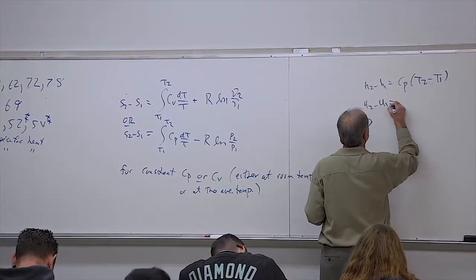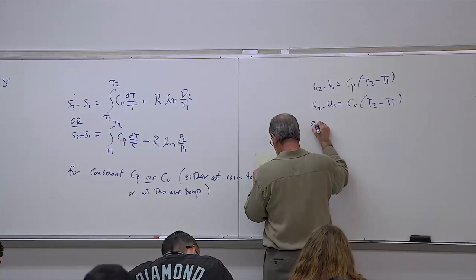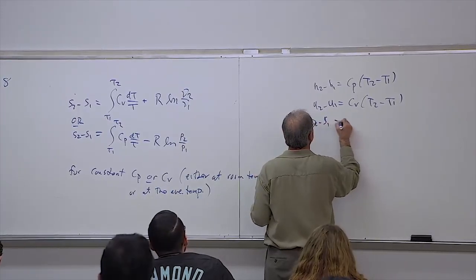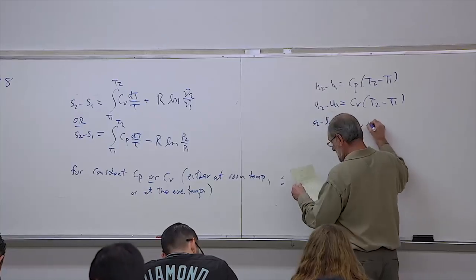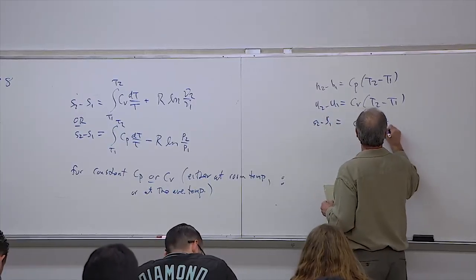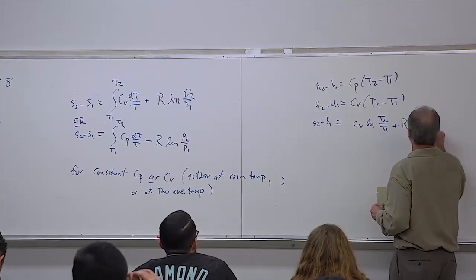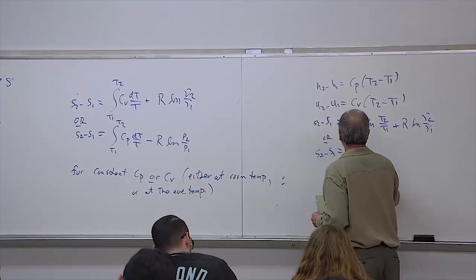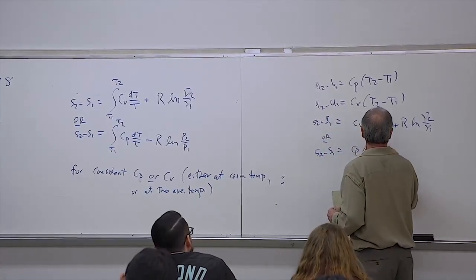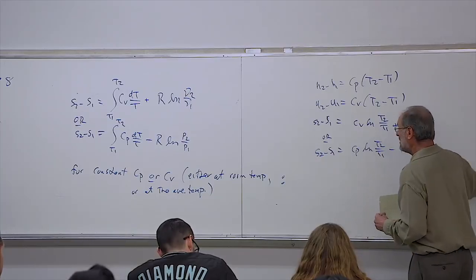The internal energy change is Cv times T2 minus T1. The entropy change is going to be Cv times the natural log of T2 over T1 plus R natural log V2 over V1, or Cp times the natural log of T2 over T1 minus R natural log P2 over P1.